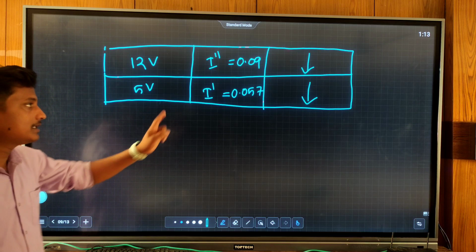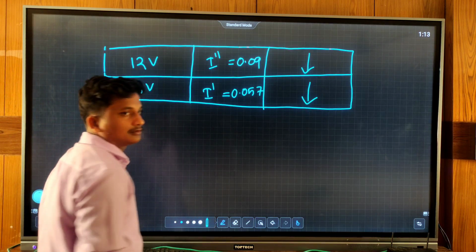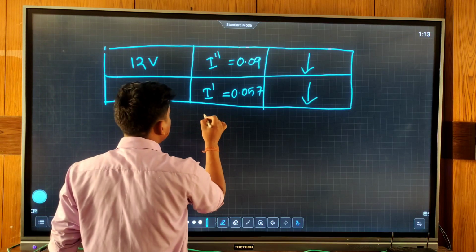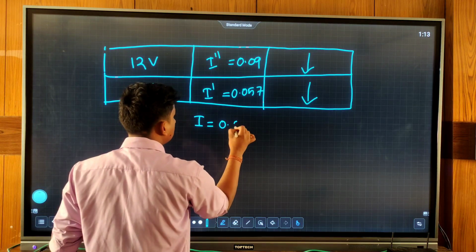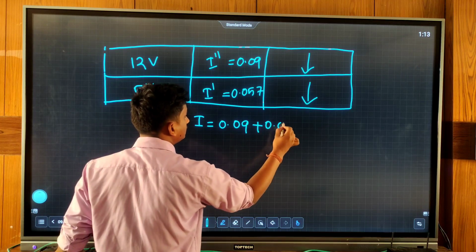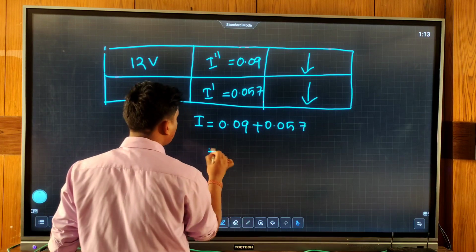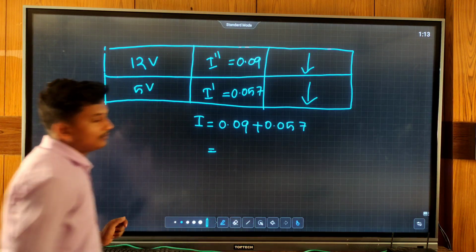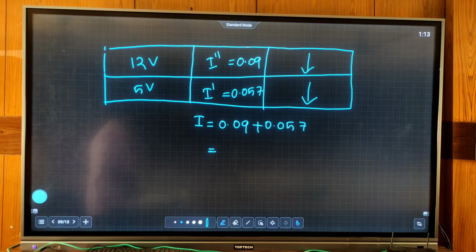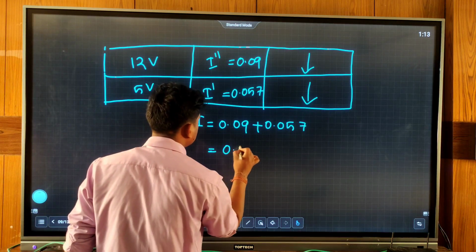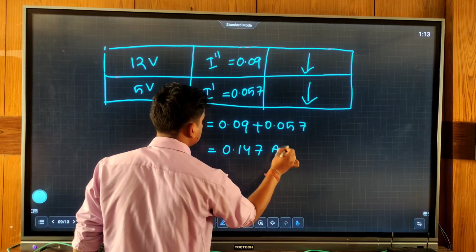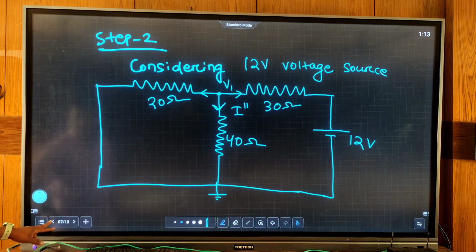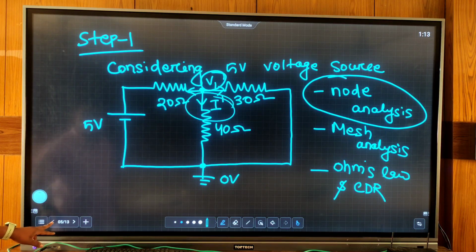If the direction is the same, then just add them. According to superposition theorem, we have to add both these currents to calculate the net current when both voltage sources are present. That means the total current will be 0.147. So again I am repeating the steps for this circuit.